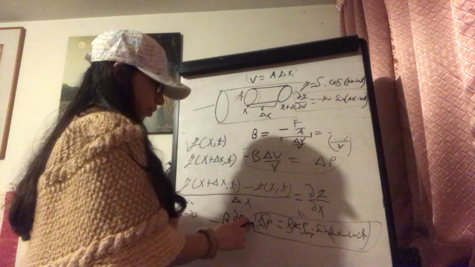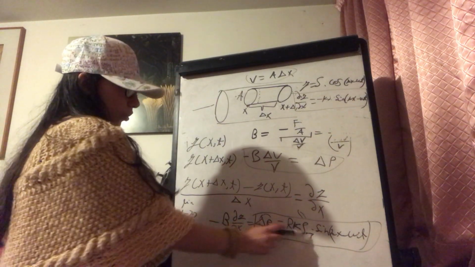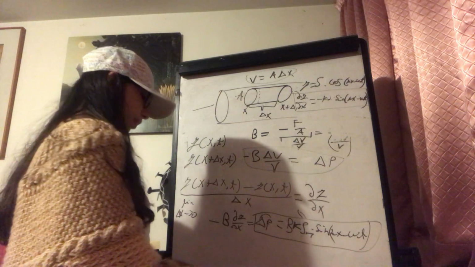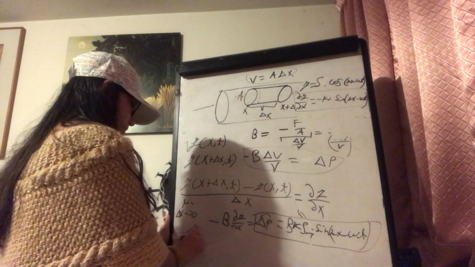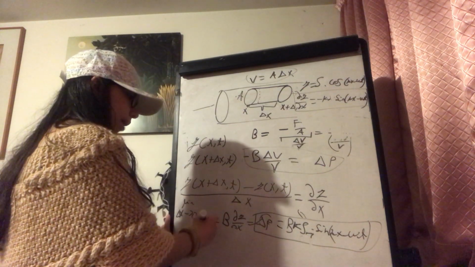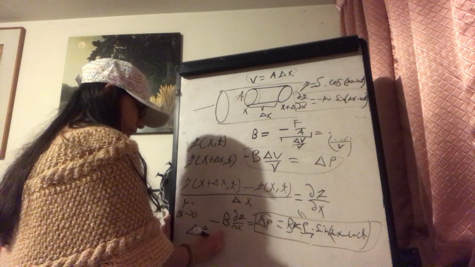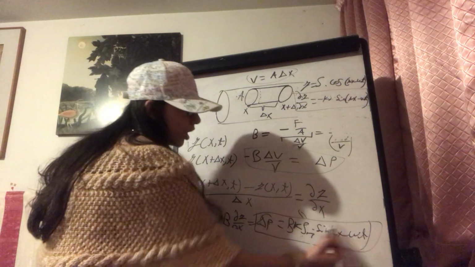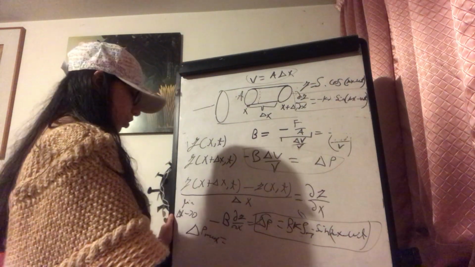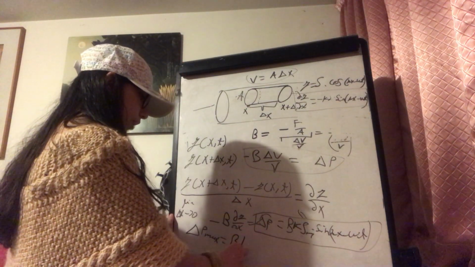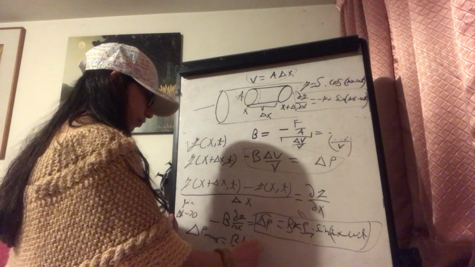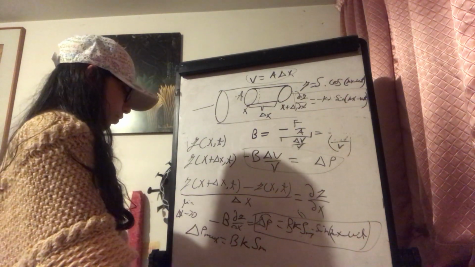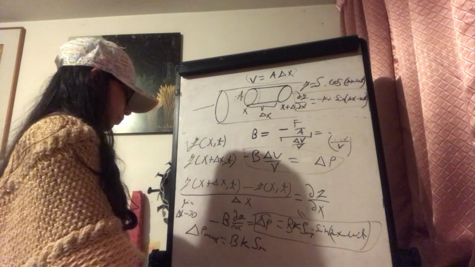So the pressure amplitude is proportional to the displacement amplitude. The maximum value of sine is 1, so the pressure amplitude is just the bulk modulus times k times the displacement amplitude.